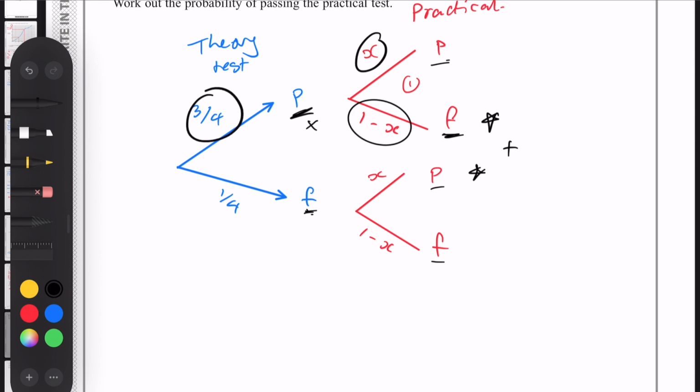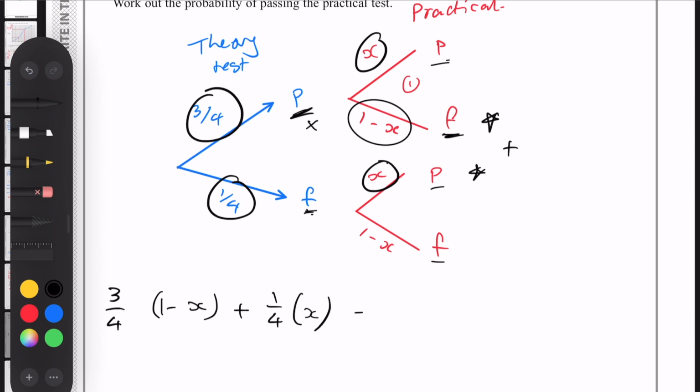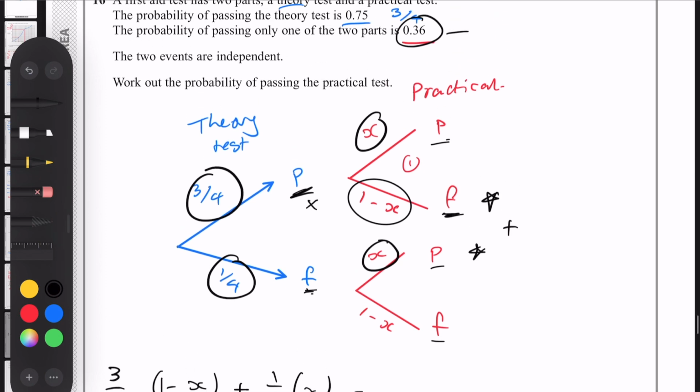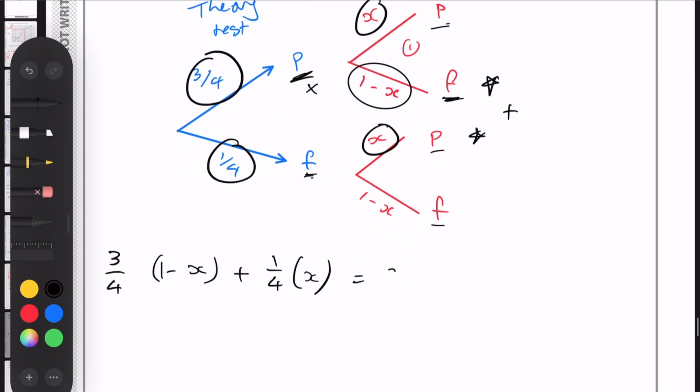Just remember to multiply as you go between the branches. 3/4 times 1 minus x, like this. And then you're going to plus 1/4 times x. And then that gives you a probability of 0.36.